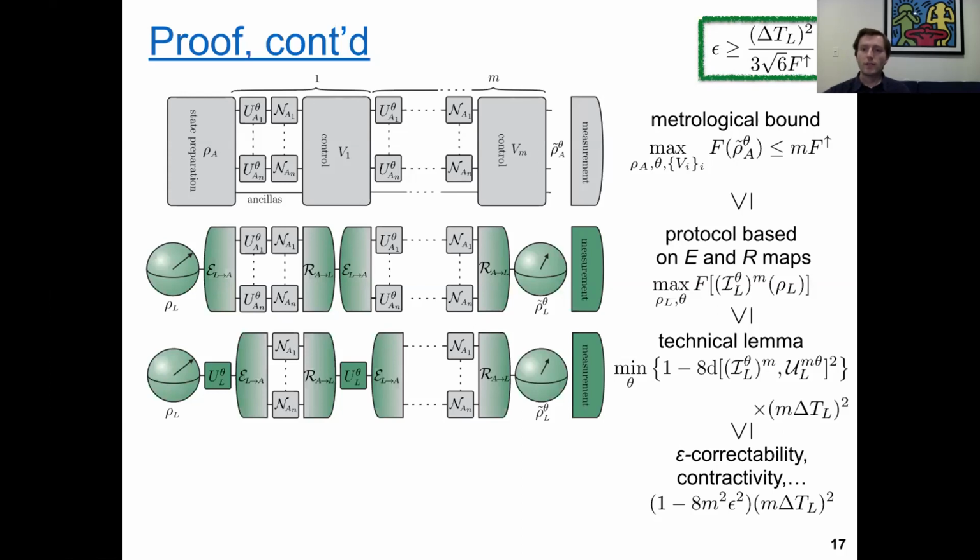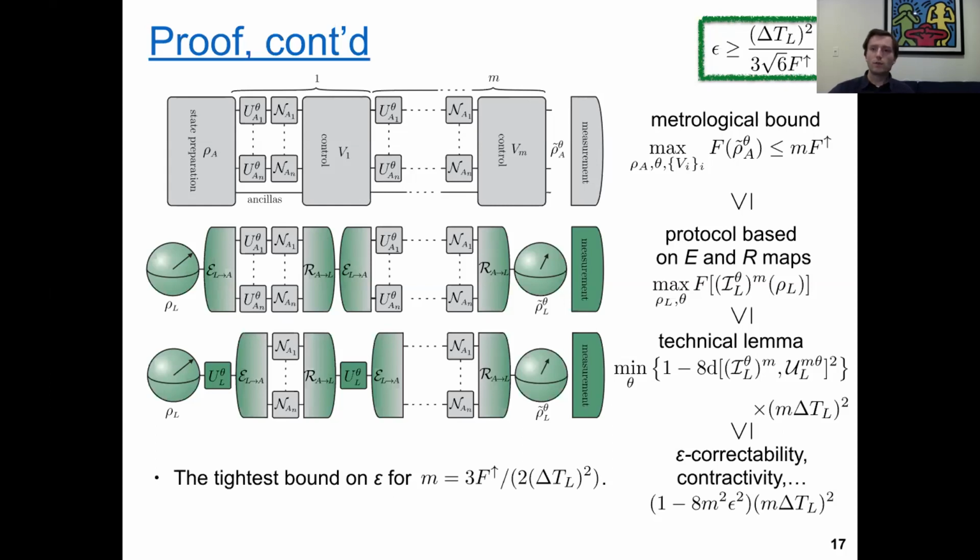What we see is that 1 minus 8 m squared epsilon squared, times m delta t squared, is smaller than m times F. Notice that there is this freedom of choosing what m is. In particular, we get the tightest bound on epsilon if we set m to be this quantity. And that is how we get the bound in the top right corner, which is the bound in the approximate Eastin-Knill theorem.